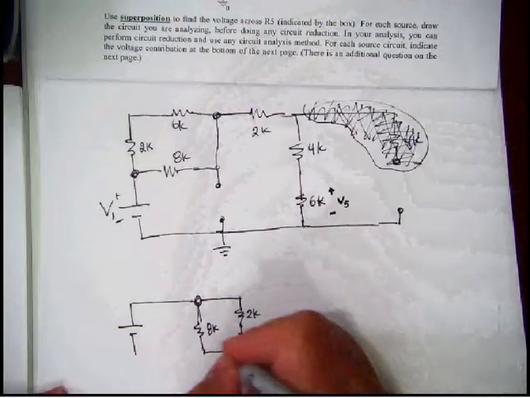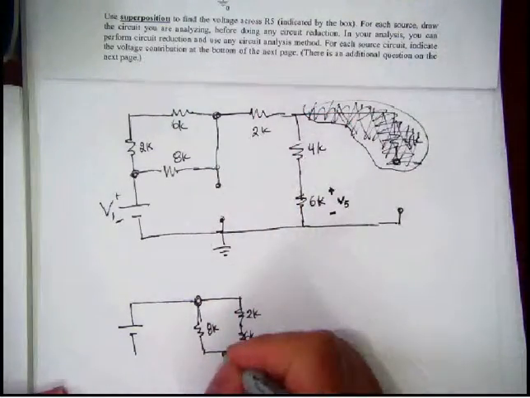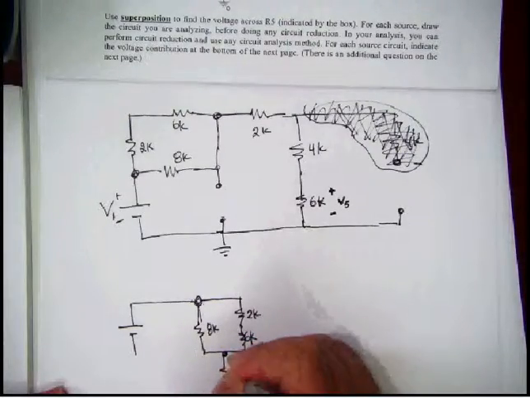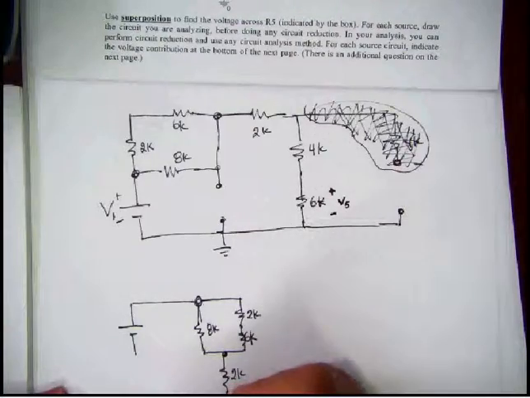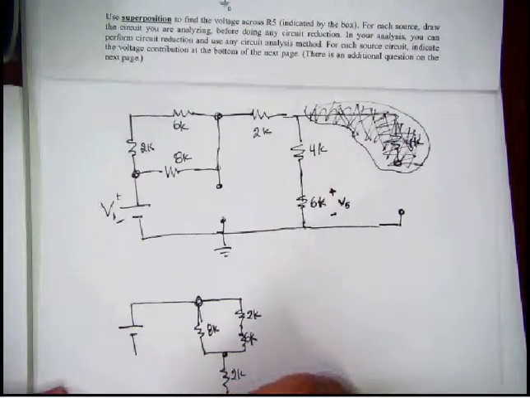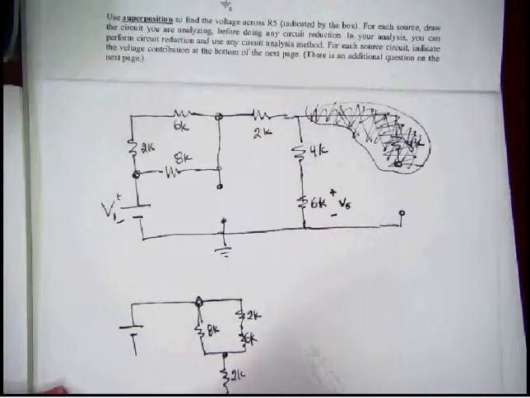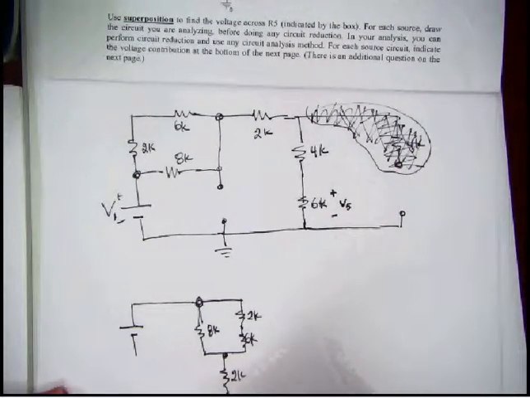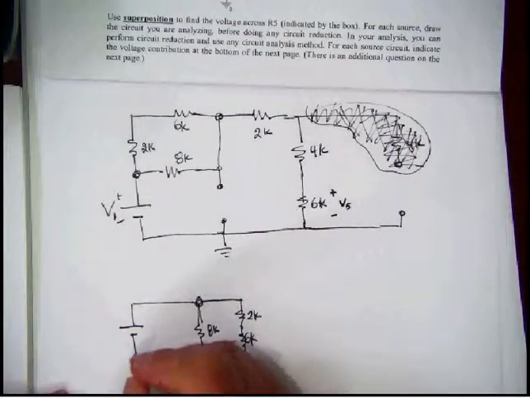Then at this node, we get a 2K resistor which flows in series with a 4K, which flows in series with a 6K, which is actually our resistor of interest. And then we come back along here and complete the circuit.